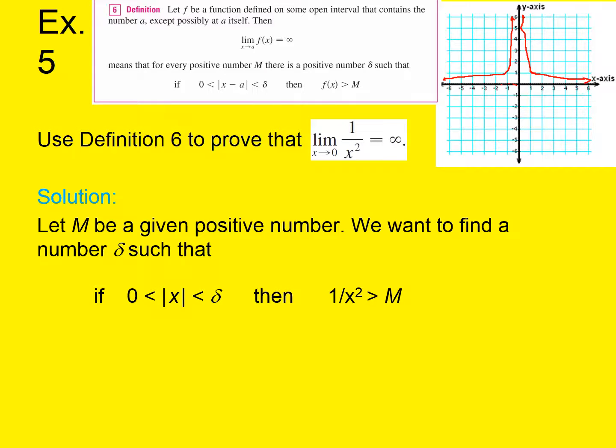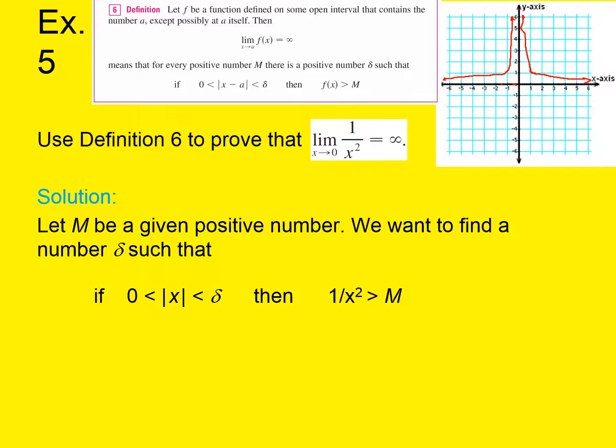Let m be a given positive number, whatever you want it to be. We want to find a number delta such that if 0 < absolute x < delta, then 1 over x squared, the function that we're given, is greater than m. We can always get greater than m for a little delta.